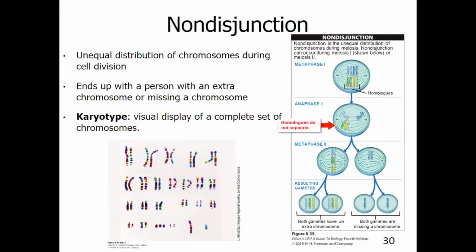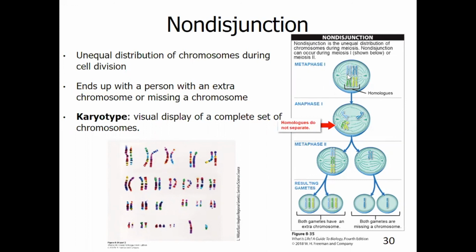One error that can occur in meiosis is something called non-disjunction. Non-disjunction is when chromosomes do not separate correctly. So in figure 8.35, we're looking at an overview of meiosis. Here at the top of the figure, we're looking at metaphase 1.